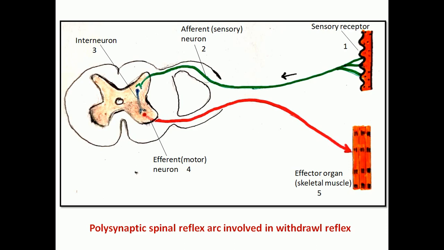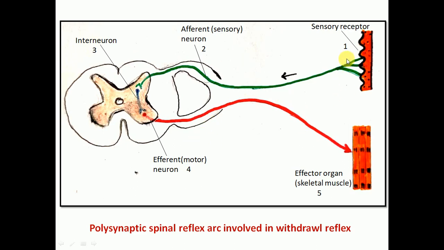An example of the monosynaptic spinal reflex is the stretch reflex, and that has only one synapse between the afferent and efferent neuron. In the case of the polysynaptic spinal reflex arc, there are 5 components between afferent and efferent neuron.